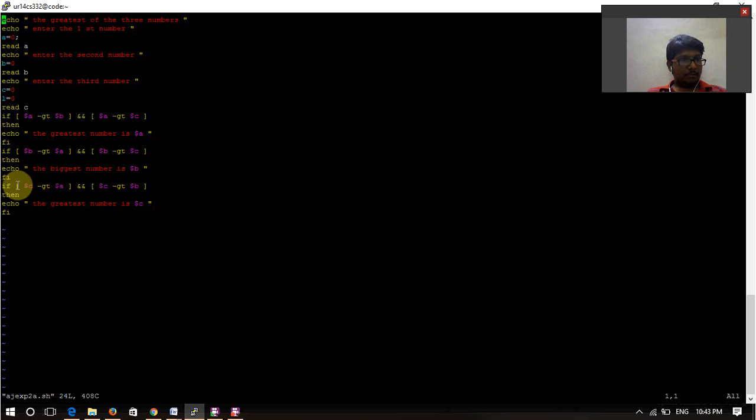And in the last if statement, it checks whether C is greater than A or C is greater than B, then it prints the greatest number is C.